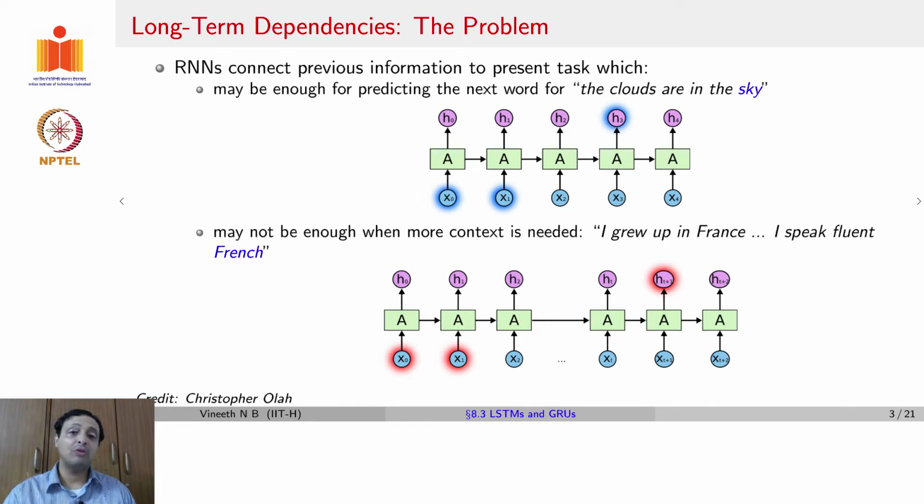However, if you have a longer sentence, such as "I grew up in France, I speak fluent French", the word French at a particular time step may depend on some other word that was used several words ago. These long-term dependencies may not get captured by an RNN because the presence of the word France may not have an impact on the word French, since the gradients may vanish between these two time steps. So we're going to talk about how we address this in this lecture.